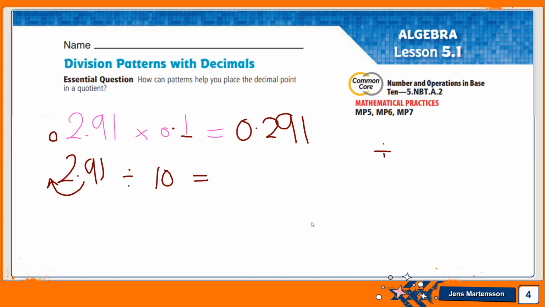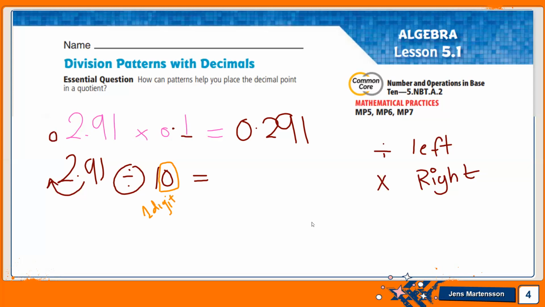Divide, I have to move it to the left. Multiply, I have to move it to the right. So here I have divide. Then I will count how many zeros are in the 10. We have only one zero. So that means I have to move my decimal point one digit to the left, because I have only one zero.